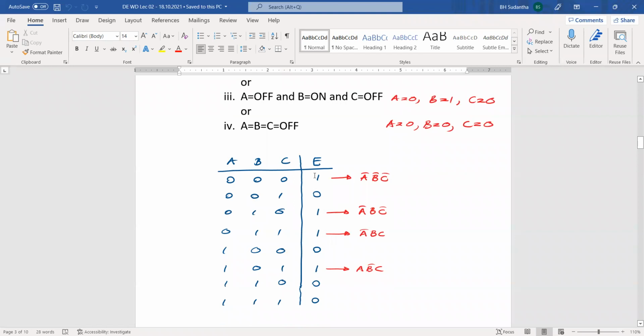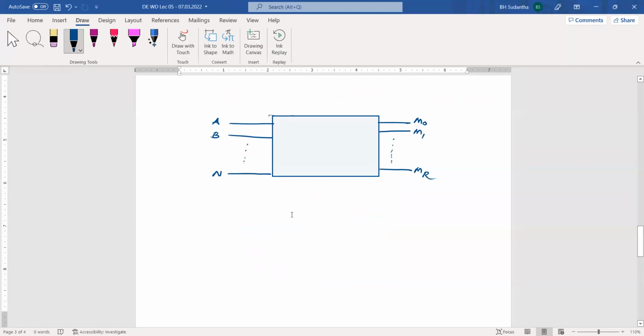Here E is 1 in four places, because of the particular input combination. Here A 0, B 0, C 0, because of that, E is 1. When the combination is 1, 1, 1, the output is 0. Nothing else. So all the circuits we have discussed so far are combinational circuits.